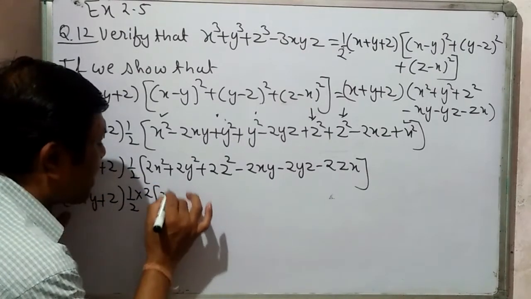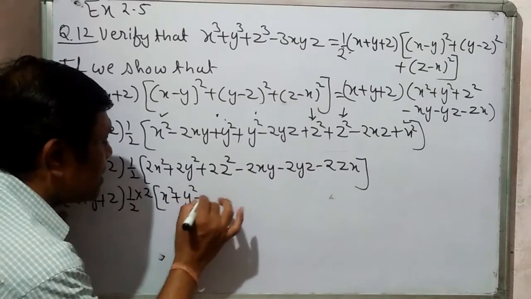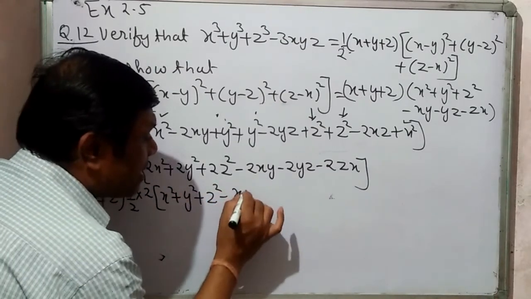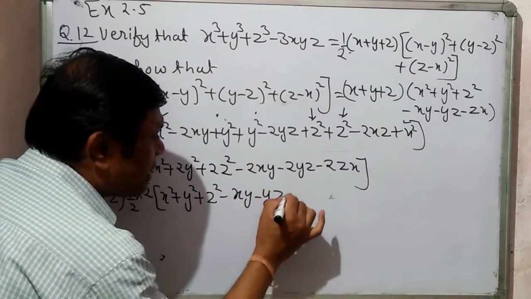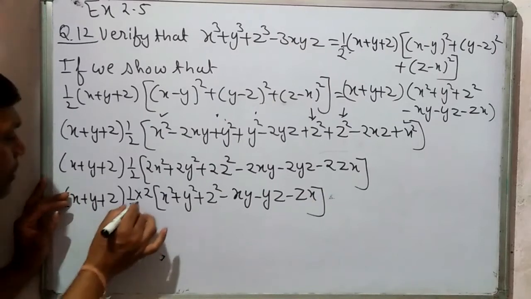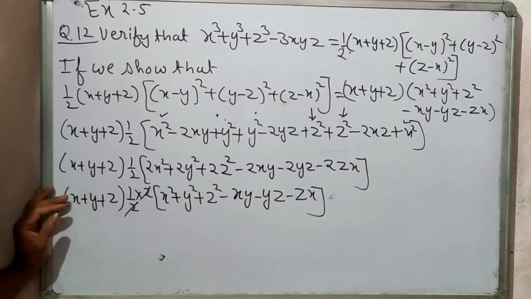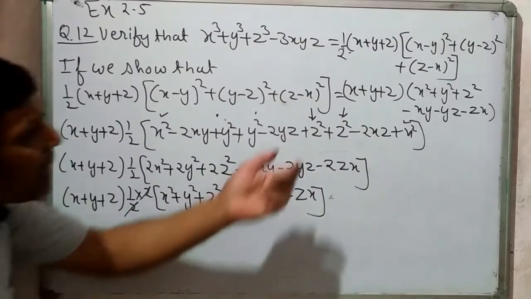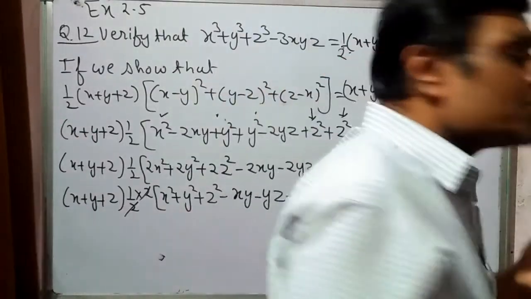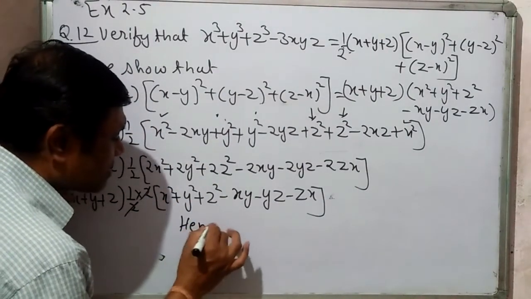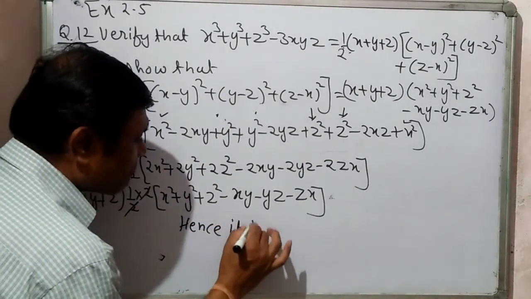What is left in the bracket is x square plus y square plus z square minus xy minus yz minus zx. We are going to cancel this 2. What we are left with is the right hand side of the identity. So this is verified. Hence it is verified.